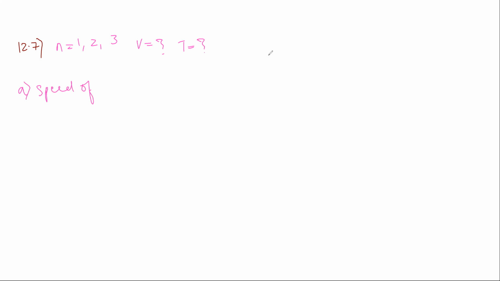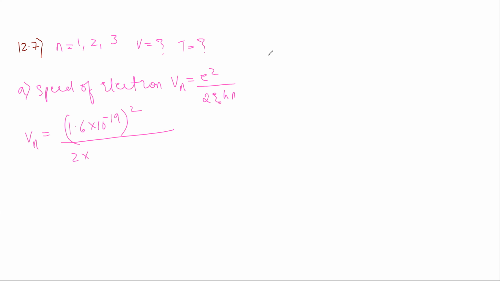First, the speed of the electron. That is given by the formula Vn is equal to e square divided by 2 epsilon naught h, into n. So to calculate Vn, the e value is 1.6 into 10 to the power of minus 19 whole square, divided by 2, epsilon naught value 8.854 into 10 to the power of minus 12, into h value 6.63 into 10 to the power of minus 34, into n as it is.